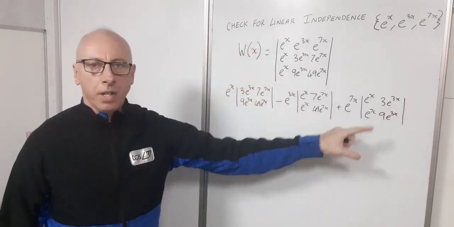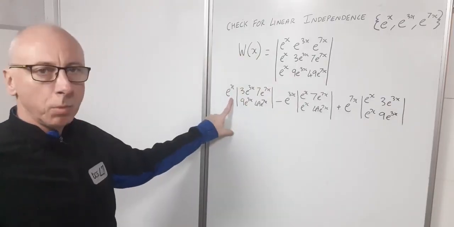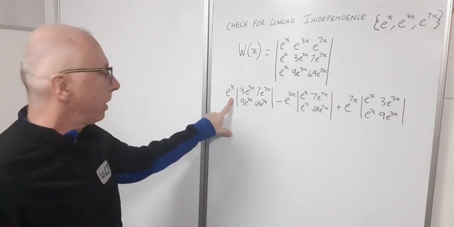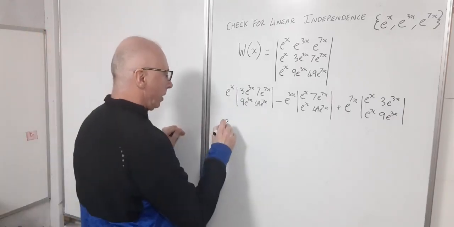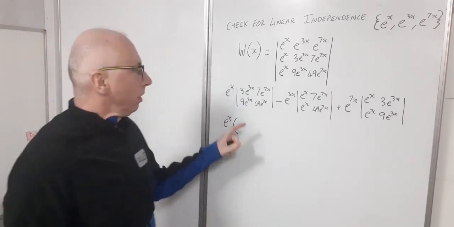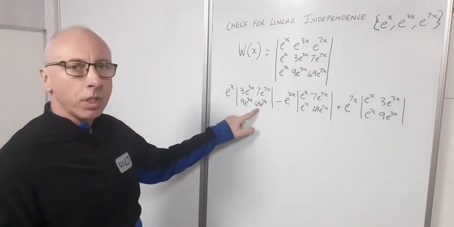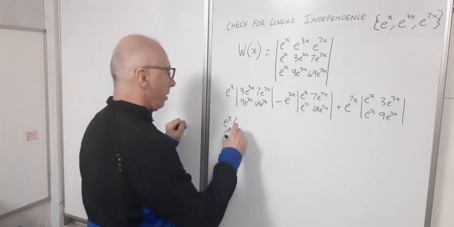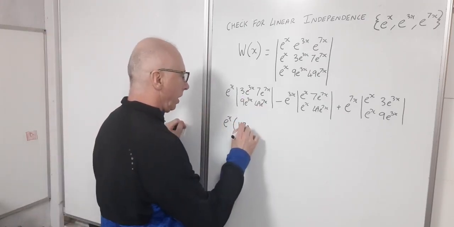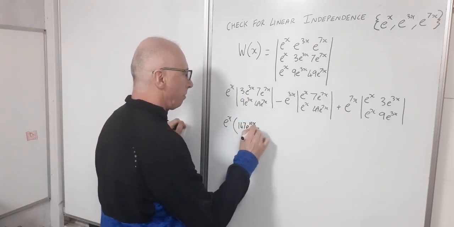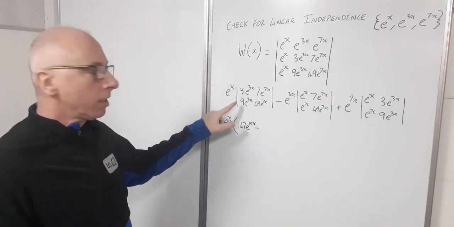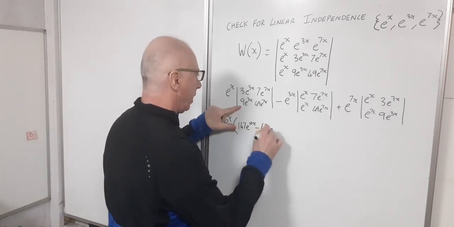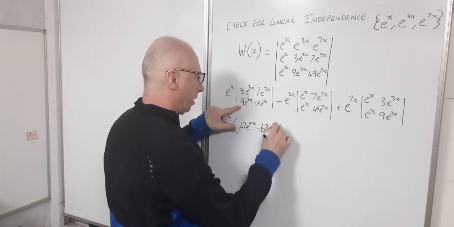Okay, let's find the determinant of all these 2 by 2s and multiply each by what becomes a coefficient, e to the x. So 3 times 49 is 147, and 3 plus 7 is 10, so I've got 147e to the 10x, minus 7 times 9 is 63, and e to the 10x.